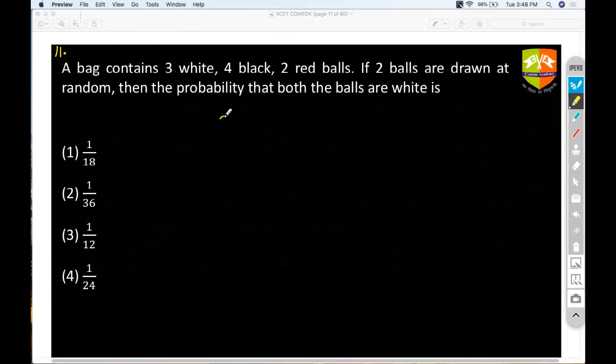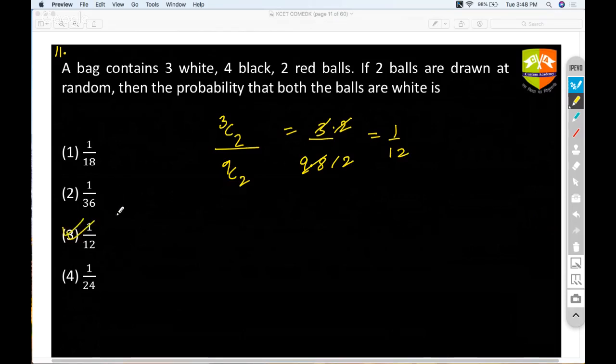Absolutely. So that's going to be just 3C2 by 9C2. Okay. So that's going to be 3 by 9 into 8 and 2 will go up. So 6 and this is going to be 12. 1 by 12 is going to be the answer.